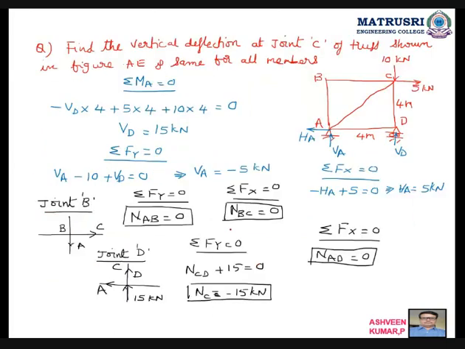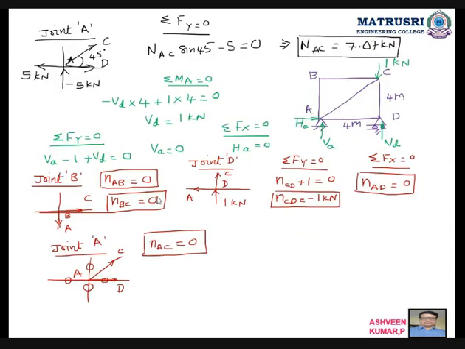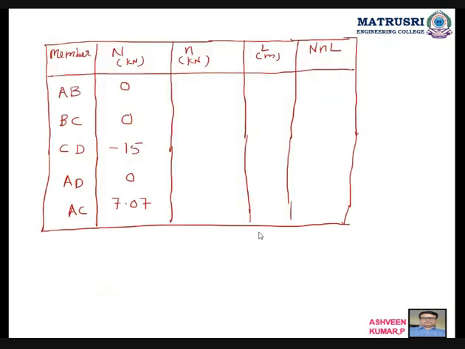See AB, BC 0, here minus 15, here 0. That way you can take down all the things. So 0, 0, minus 15, 0, 7.07. Similarly, you take down small n: AB 0, 0, minus 1, 0, 0.